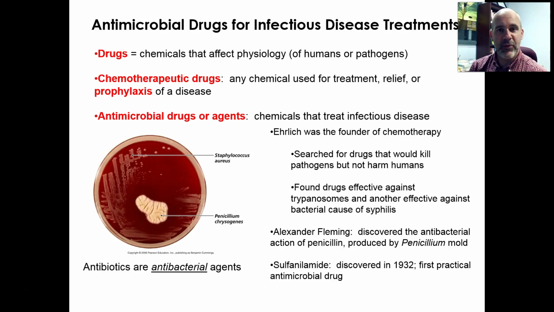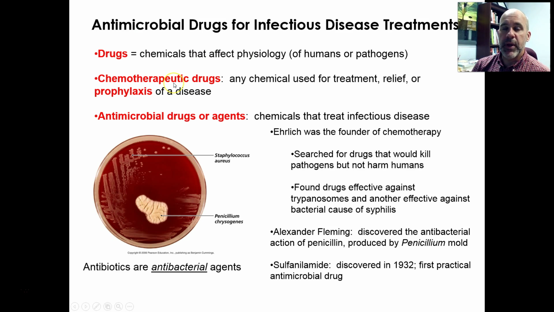The reason that they're so successful at causing disease is because they have ways of escaping from the immune system, at least temporarily, so that they can establish themselves and grow in our bodies. So think about these antimicrobial drugs as chemical substances that work in addition to your immune system to help clear these organisms out of the body that are causing us problems.